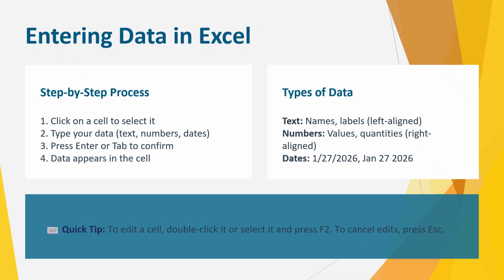Now, you type your text, number, or date. Text is maybe your ABCD. The words are text, while your numbers are what we call numerics: 1, 2, 3, 4.